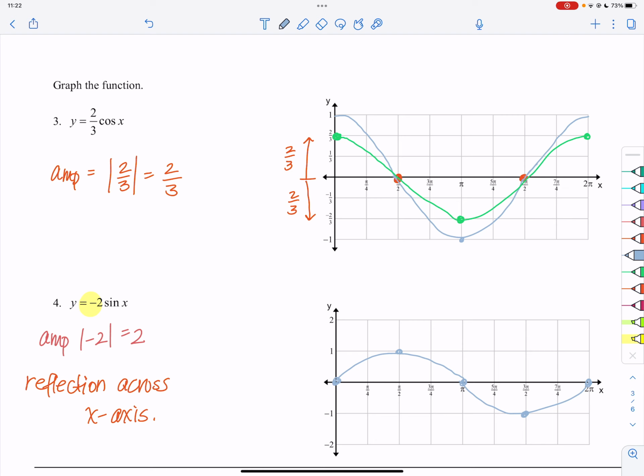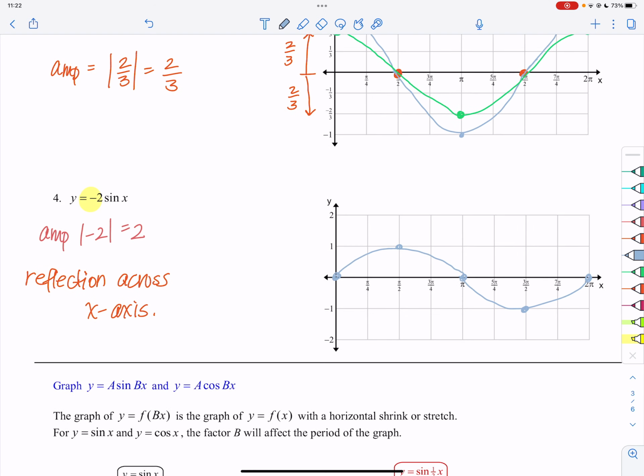And maybe I should have written that this is the cosine of x and this is the sine of x, okay? And now what happened? Now our amplitude is 2. So now we will have the distance here to be 2 and the distance here to be 2.